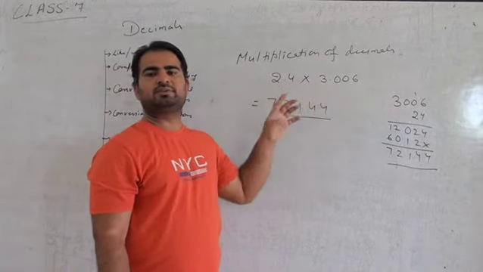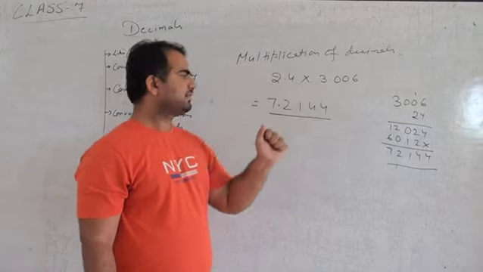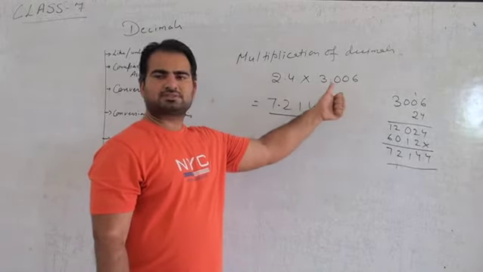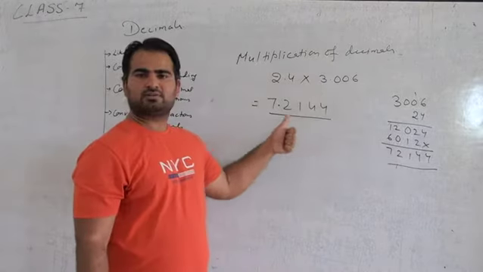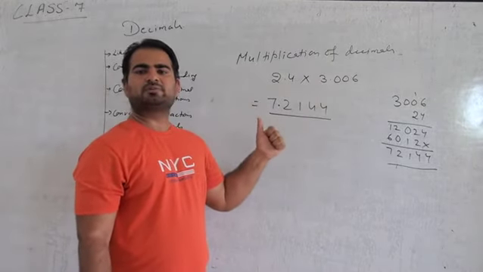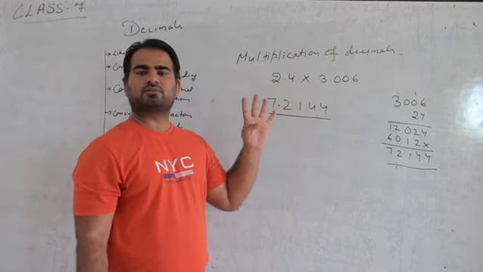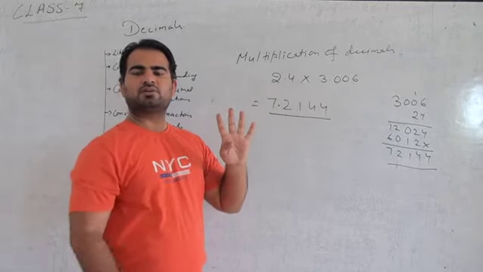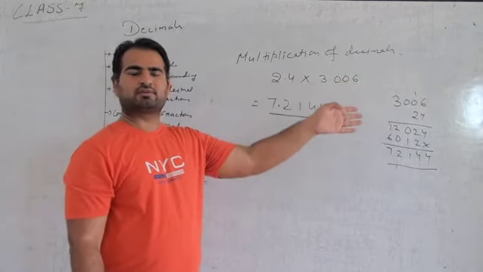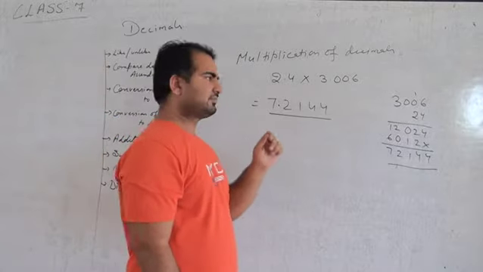So 3 plus 1 will be 4. We had memorized it. Now multiply 24 by 3006. Your answer will be 72,144. We have written the answer. Then what we had memorized? We have memorized 4. What we have to do is place the decimal by 4 digits from the left. It will be your final answer.